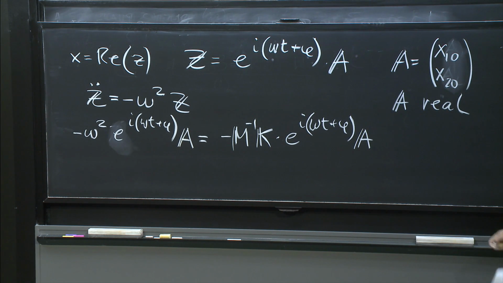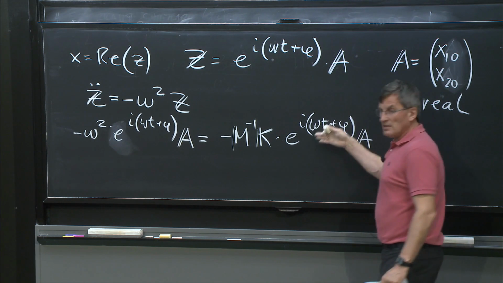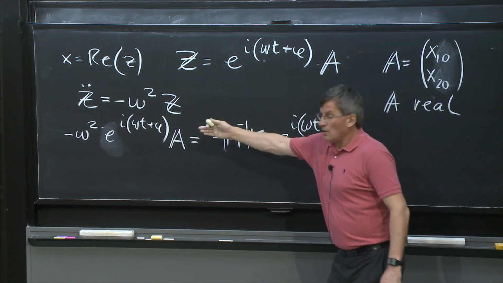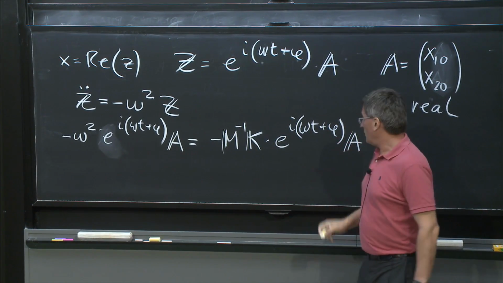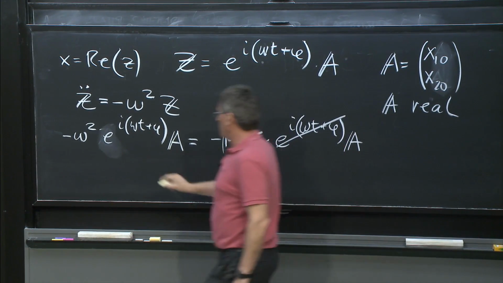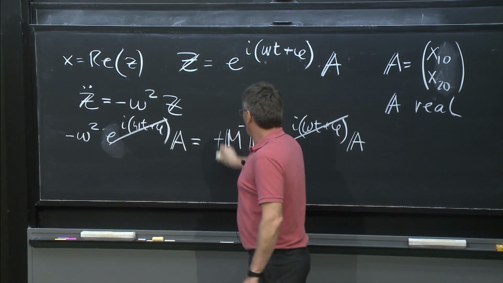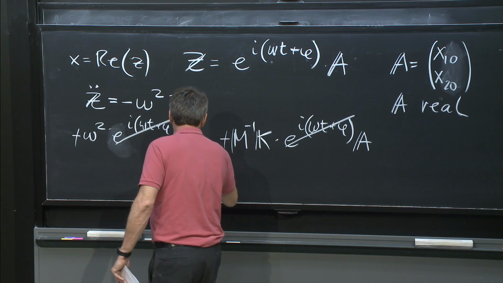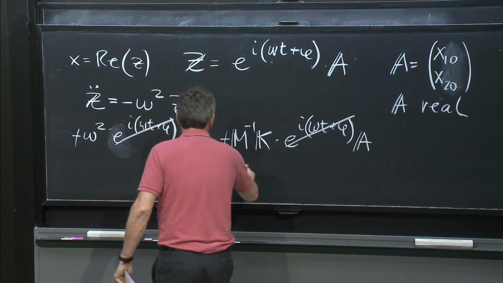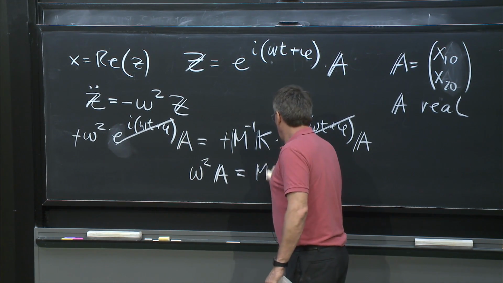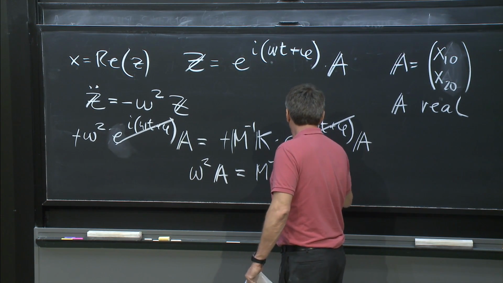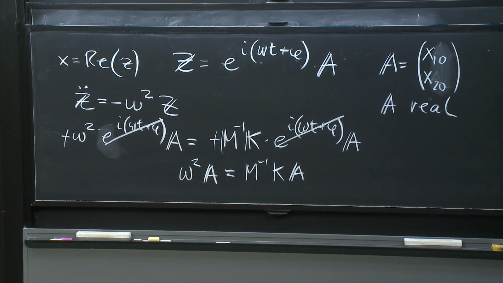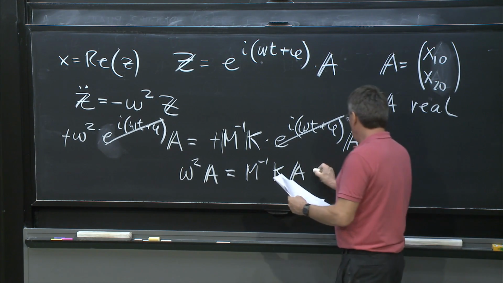Okay? And this term is a proportionality constant at any given moment of time, so it goes through the matrix multiplication very easily. So you can just delete it, you can divide both sides. You have signs here, and then I have a linear matrix equation, which is m to the minus 1 k times vector A. And I can rewrite it a little bit again.